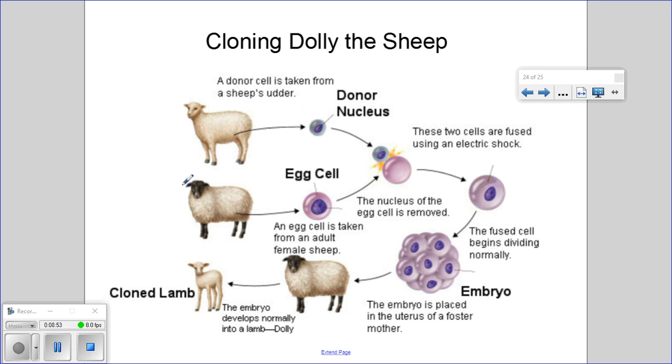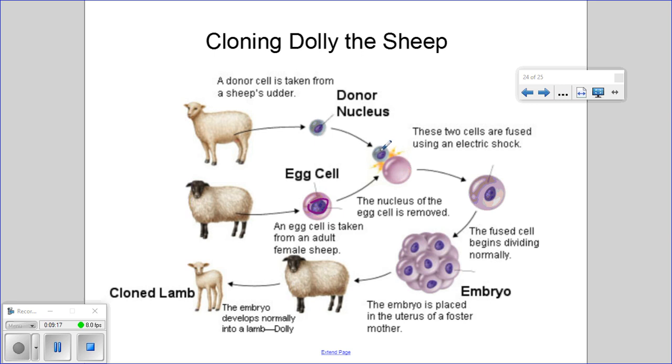Now, from a separate sheep, an egg cell was obtained, and that nucleus, this part here, was removed from that egg cell, so it was enucleated. The two cells, the egg cell and the donor nucleus, were fused together using that electric shock.